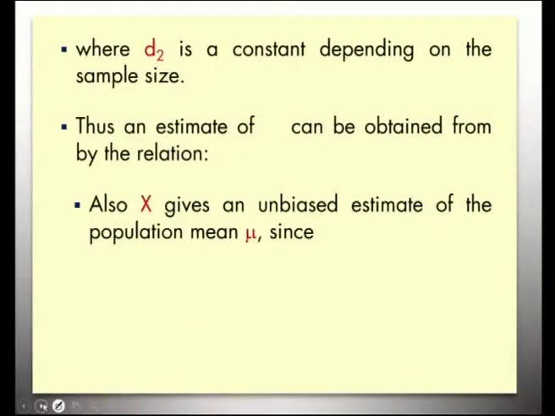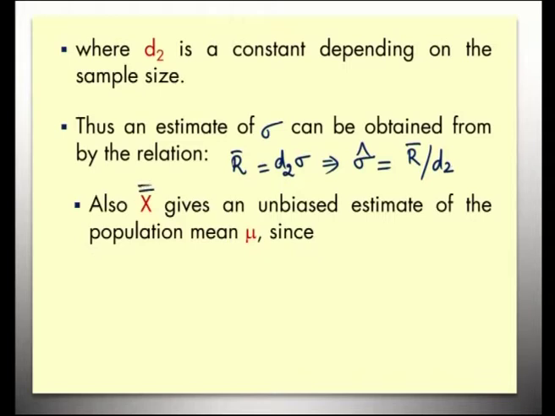Thus, an estimate of sigma can be obtained by the relation R bar is equal to d2 into sigma, or if you want sigma specifically, sigma cap, called the estimate of sigma, is R bar divided by d2.